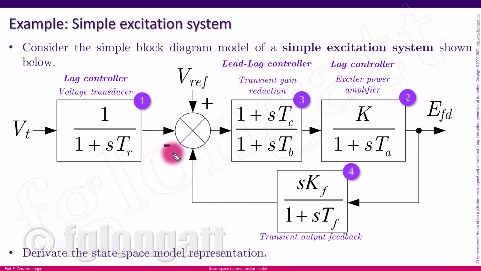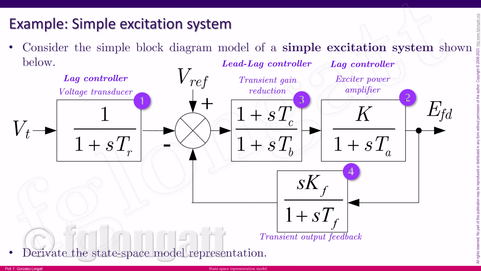If we have the differential equations and algebraic equations representing each one of them, then we can combine all of them in order to get the full state space model representation for this excitation system. And that is what we will do. Each one of these models, a total of 4, we are dealing with them and creating the representation.